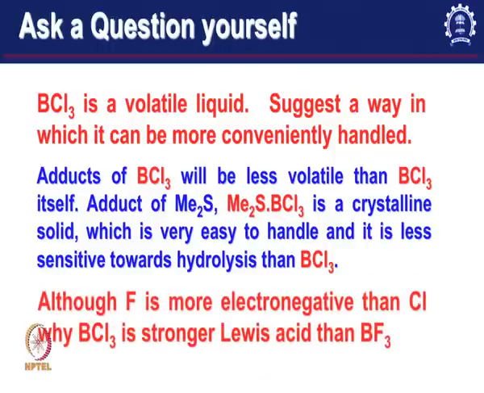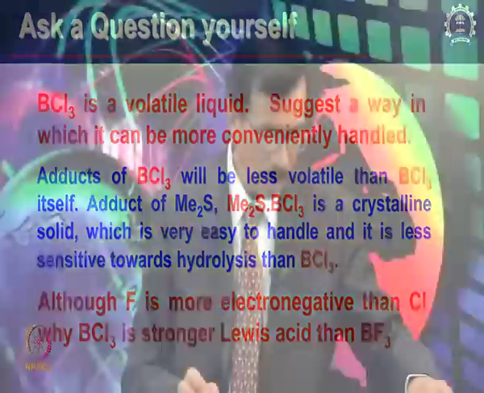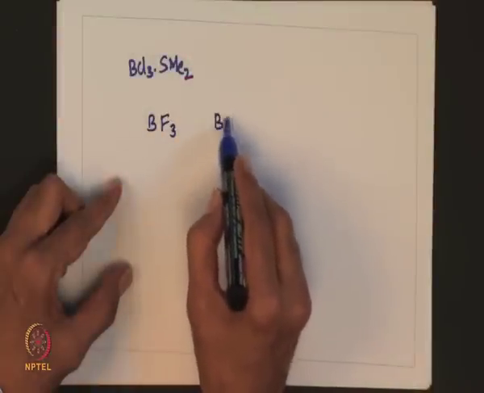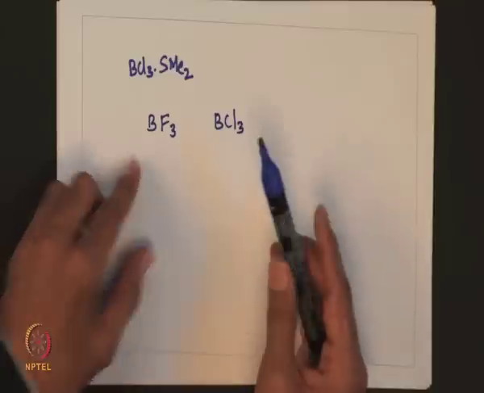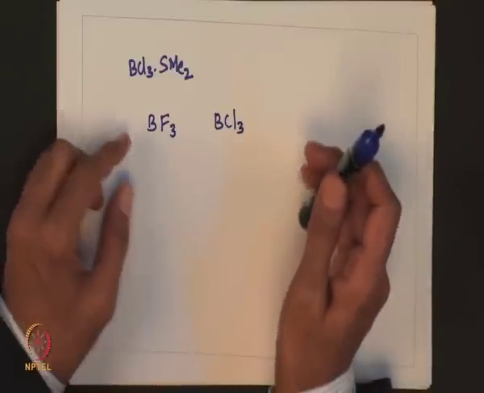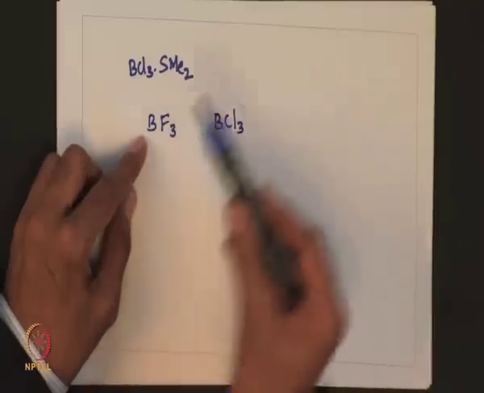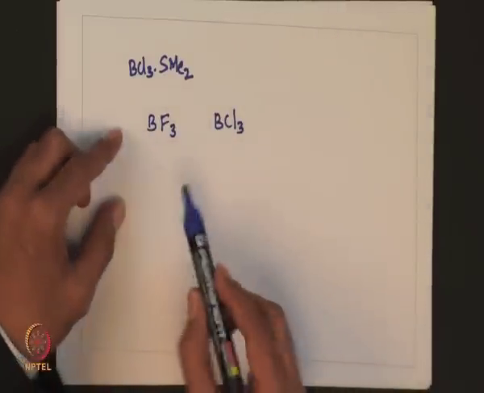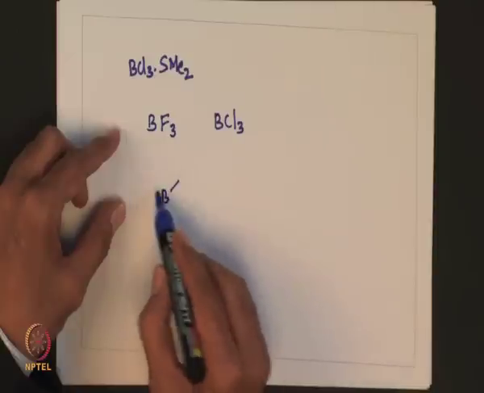Although fluorine is more electronegative than chlorine, why is BCl3 a stronger Lewis acid than BF3? For this one, I had already discussed it in my previous lecture. If you just look into the BF3 structure and BCl3 structure, in the case of BF3, we have one empty p orbital that is perpendicular to the plane of the BF3 molecule.